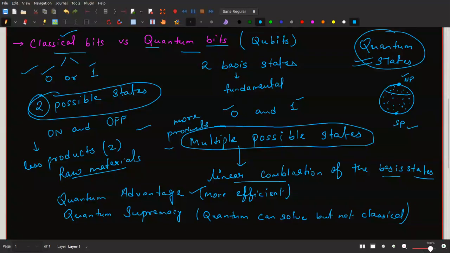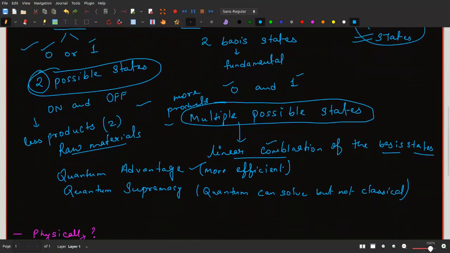If we have this kind of world, then that is the quantum part. I hope this analogy can also explain it, and definitely in the next lecture I will explain the states even better. So that was the difference between classical and quantum bits.